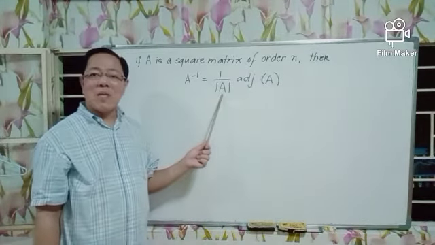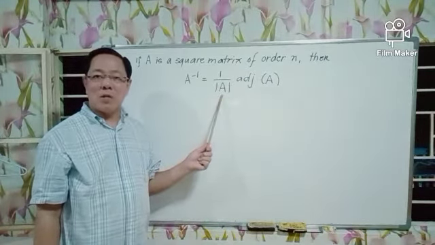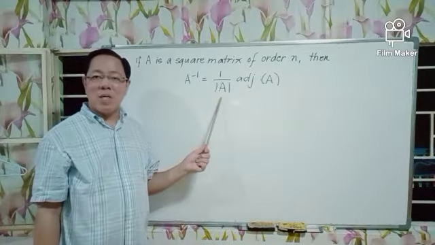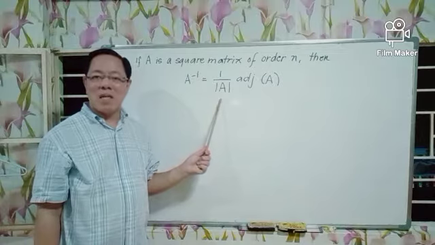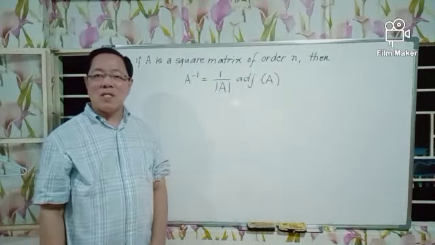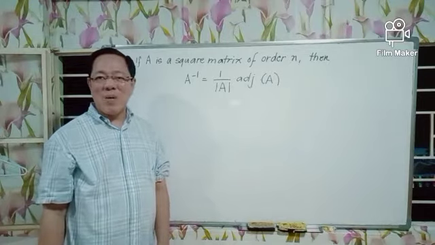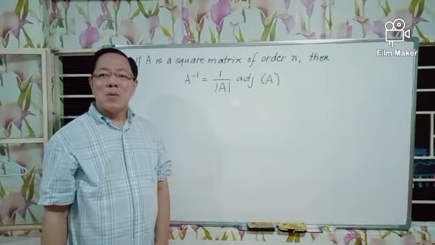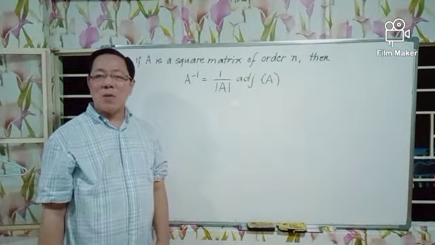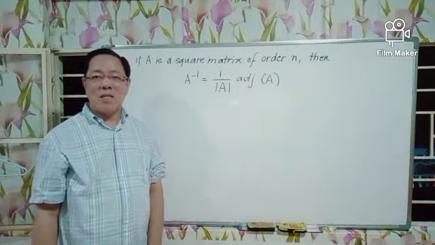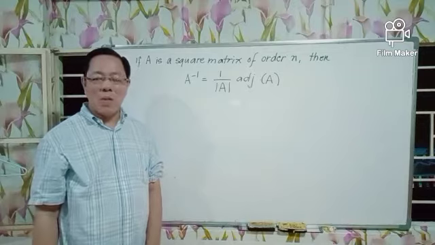Because if the determinant of A is equal to 0, then the reciprocal of the determinant of A will not exist, because 1 over 0 is not defined. Therefore, if the determinant of a square matrix is 0, you can confidently conclude that the given matrix has no inverse.